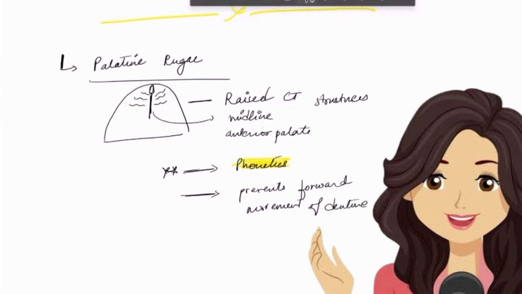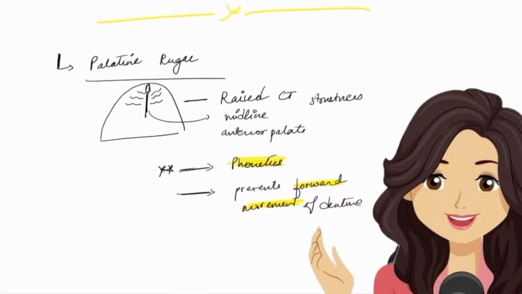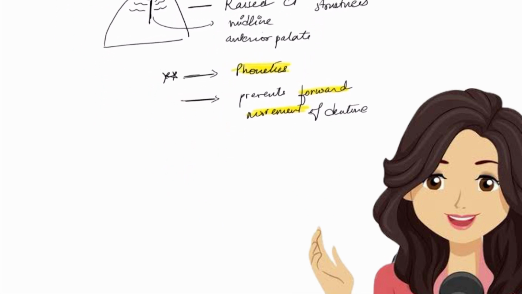So consider them like speed breakers. If the denture tries to slip out of the mouth, the rugae act like a speed breaker and prevent the forward movement of your denture. So that is a second very important role of your palatine rugae clinically. So two main important aspects of your rugae are that it is important for phonetics as well as for preventing the forward movement of the denture.